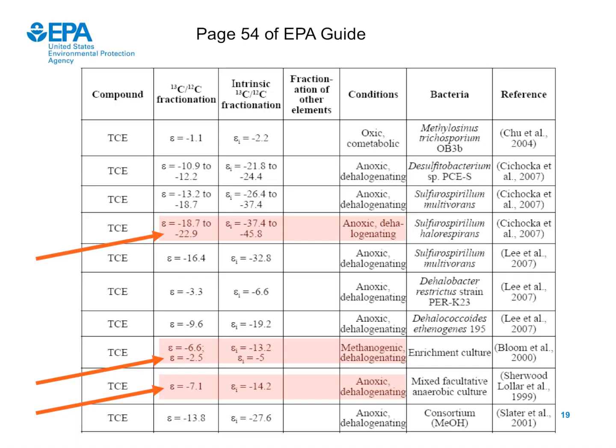So we can see for TCE that under anaerobic conditions, you can get quite a variety of values for epsilon. Somewhere around -20 in the top, somewhere in the middle it's from -6 to -2. The one in the bottom kind of splits the difference. It's -7. Moves around quite a bit. Next slide.